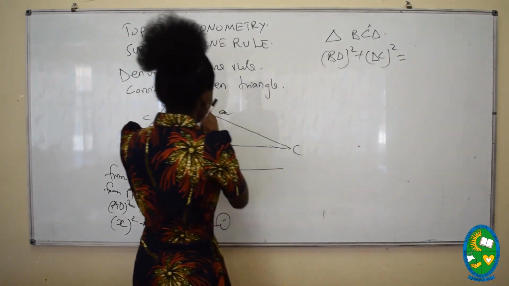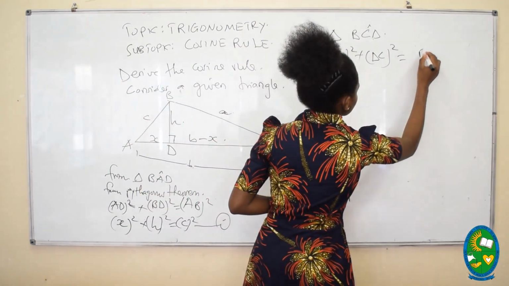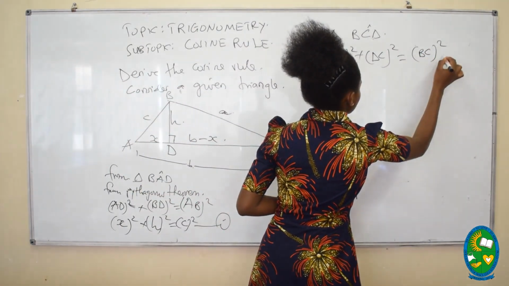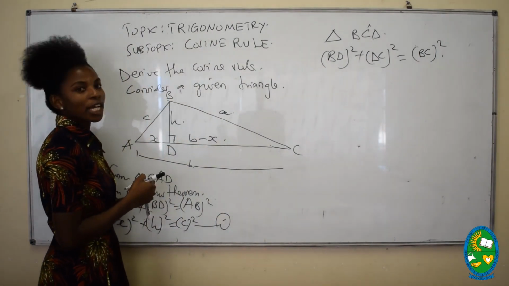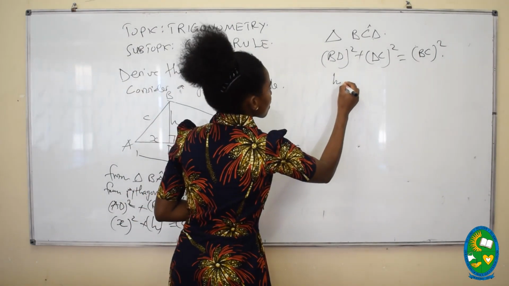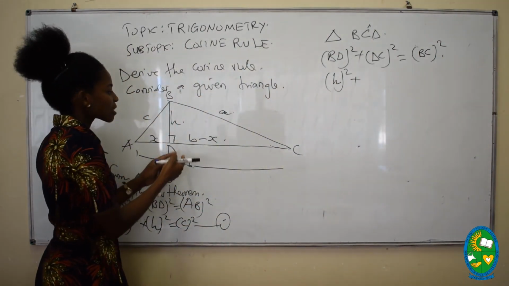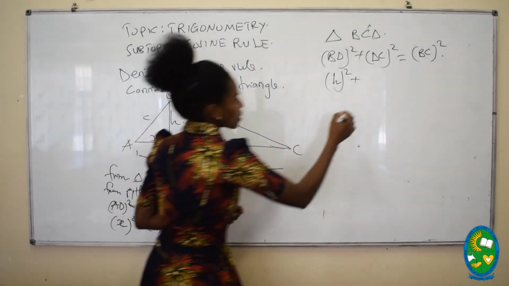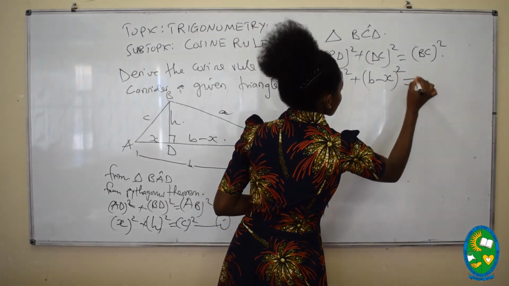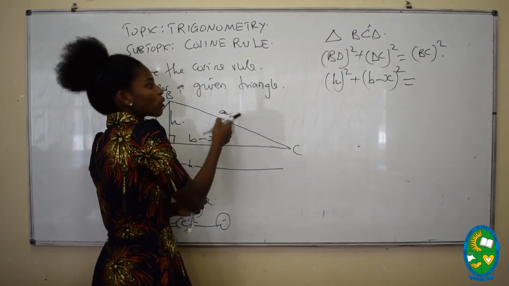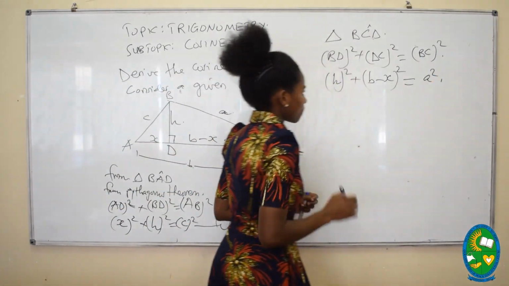BD equals h. We substitute here: h square plus DC square. DC equals b minus x. So we have h square plus (b minus x) square, and BC equals a, so it equals a square.